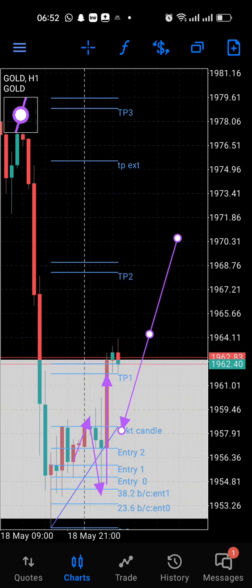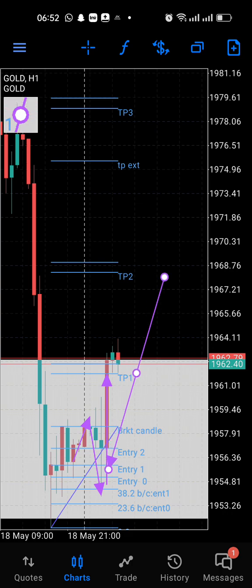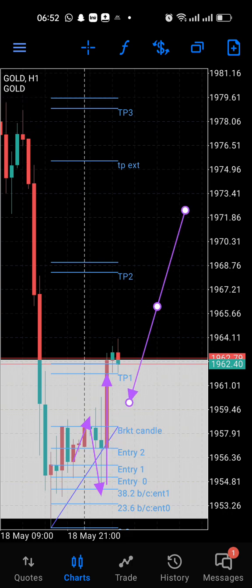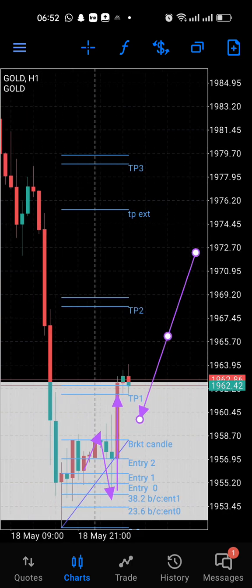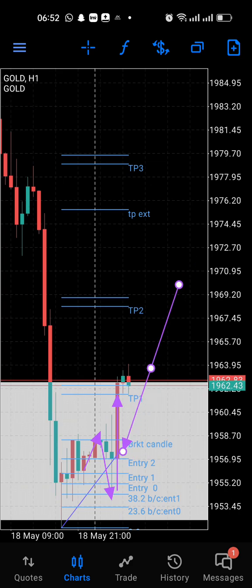It's full margin. So that's why my entry was a bit aggressive. Not the entry, but the lots were a bit aggressive, because it's the full margin setup for the strategy.